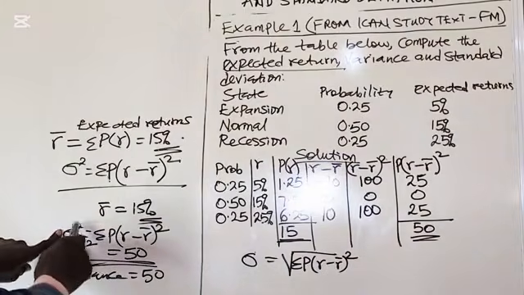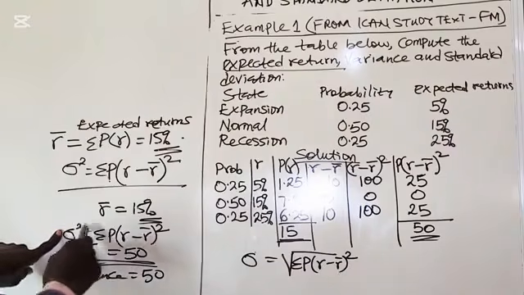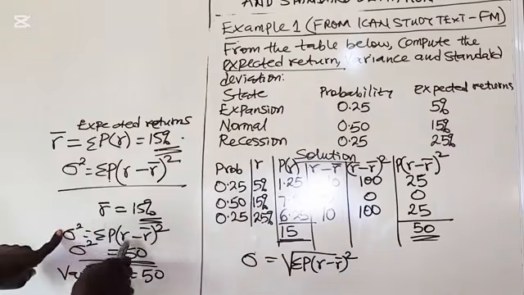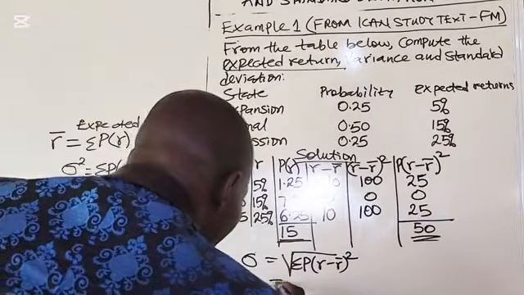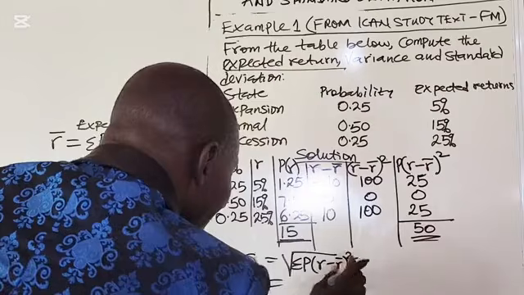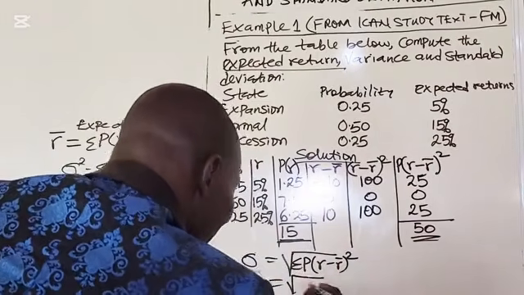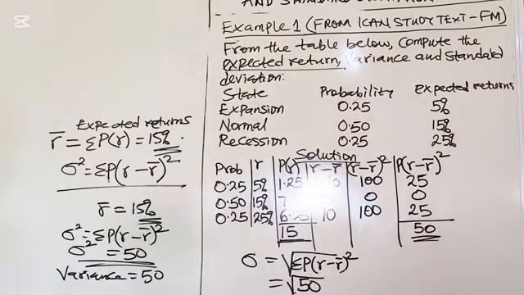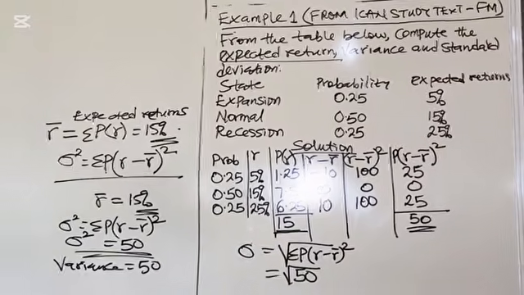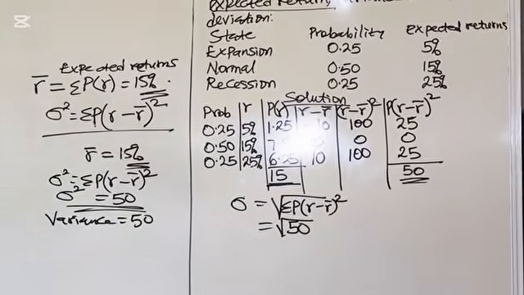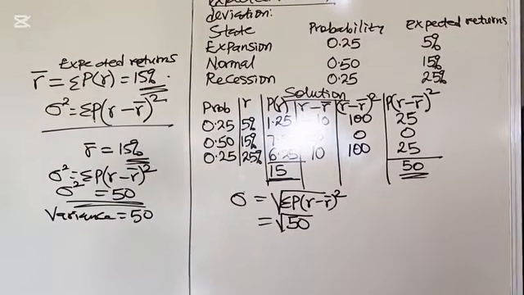Only that the square root is placed over it. So everything here is 50. If you find the square root of 50, that will give us the required standard deviation.